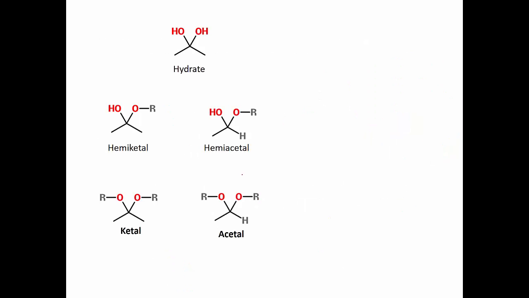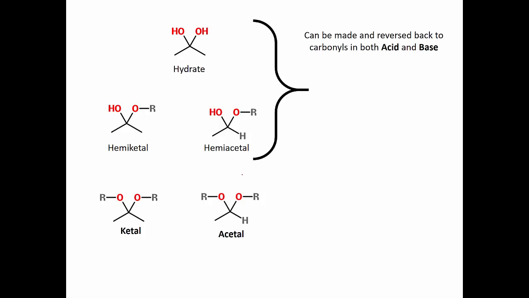Here are the 5 main groups that we've discussed: hydrates, hemiketals and hemiacetals, and full ketals and acetals. With hydrates and hemistructures, we can make all 3 of these products using carbonyls in either acid or base. We can also reverse them in acid and base.